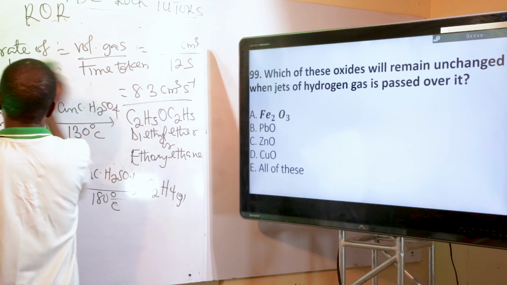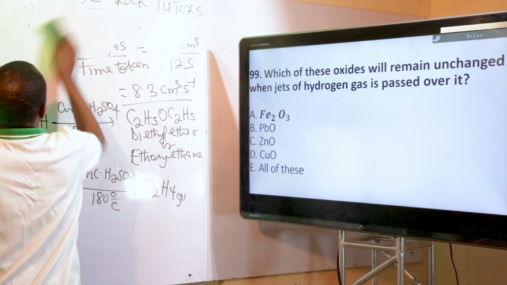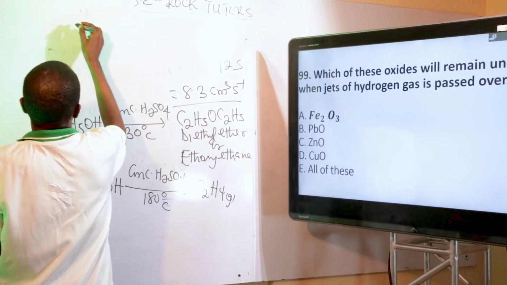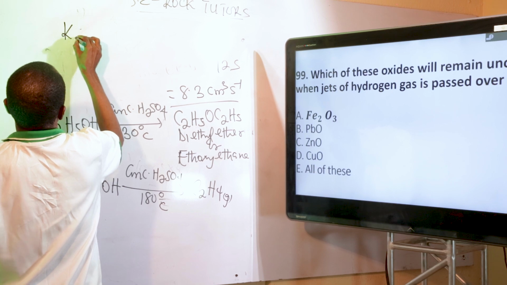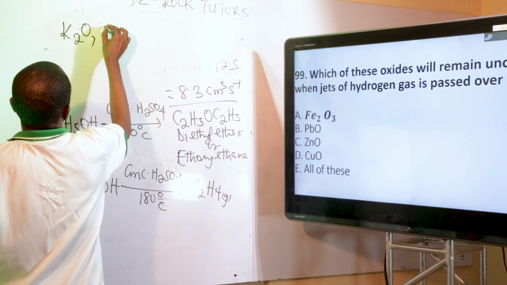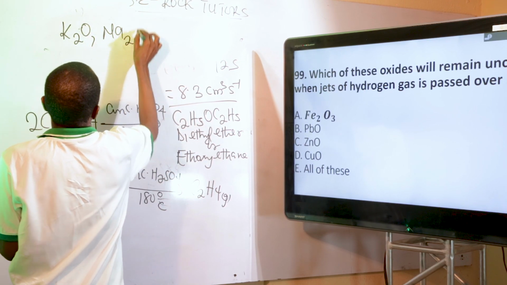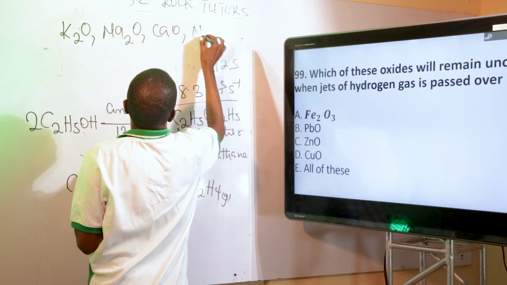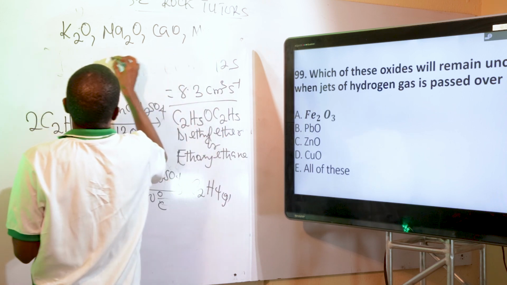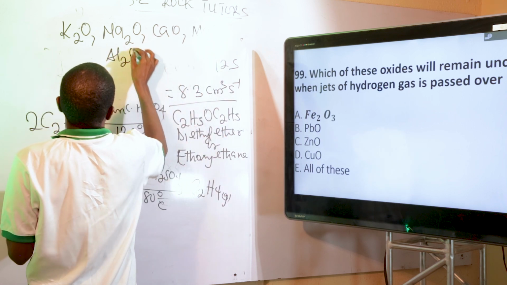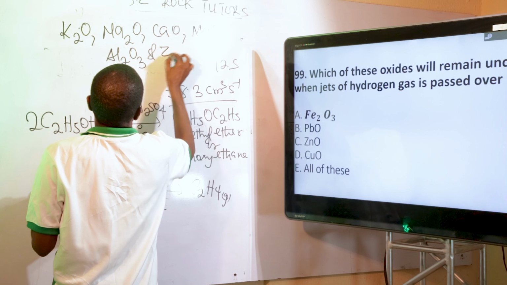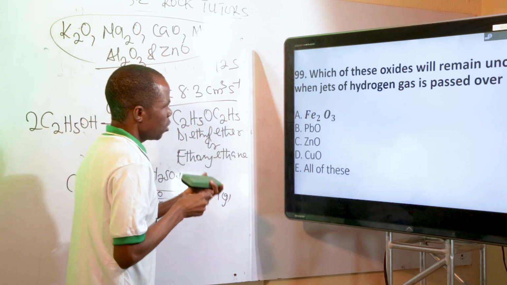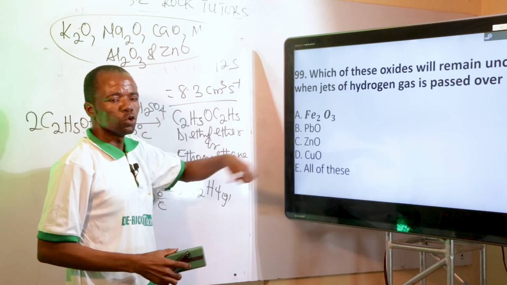As a matter of fact, oxides of things like K2O, oxide of potassium, oxide of iron, oxide of calcium, oxide of magnesium, aluminum oxide, and also zinc oxide. All these oxides are too strong for hydrogen to reduce.